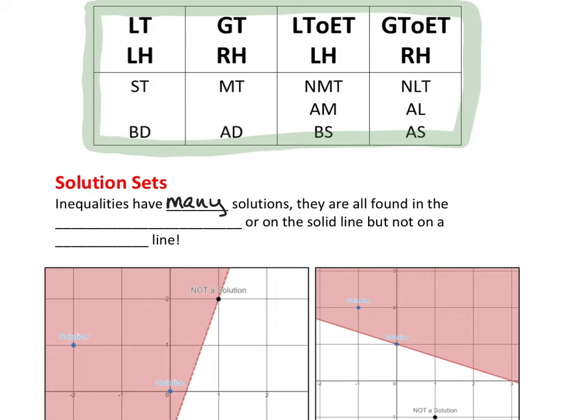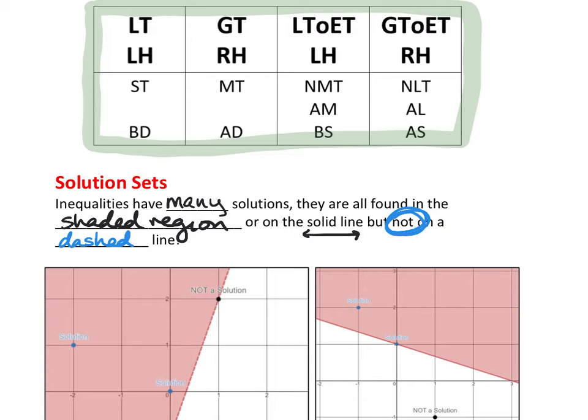All of their solutions are found in the shaded region or shaded half plane or on the solid line, but not, this is important, not on a dashed line. Okay, so there is going to be a difference in the boundary line that you draw today.